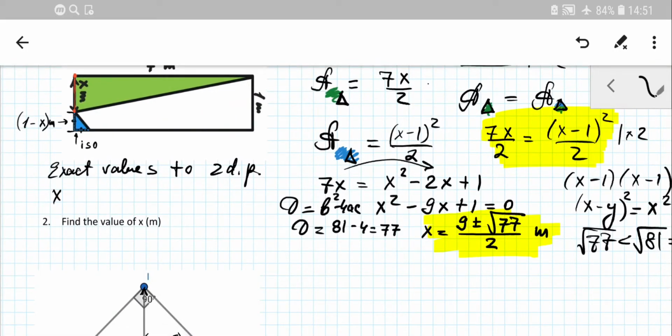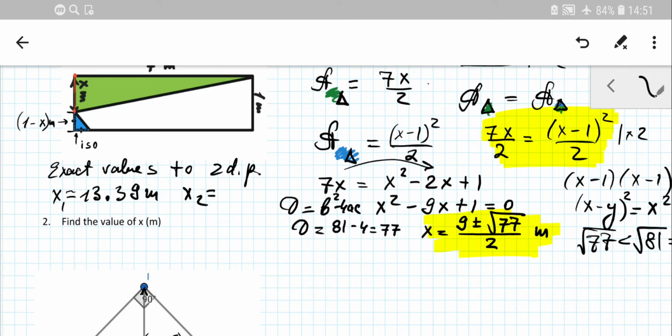All right, so let's take the calculator and just calculate. First, I add 9 and the square root of 77, and the result I'm going to divide by 2. Okay, so the first value for x is about 13.39 meters.